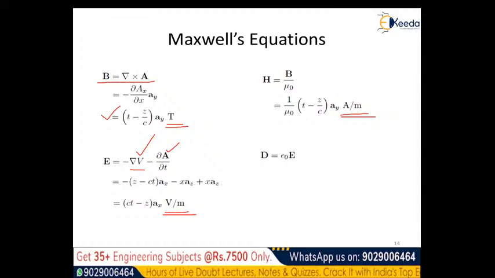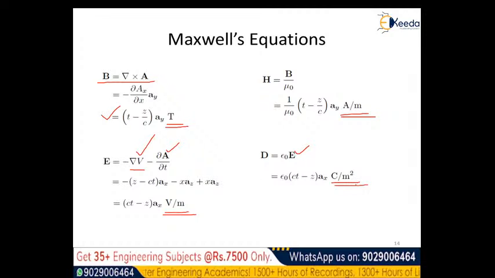Just substituting the expression for the electric field intensity capital E and putting it in this place, we get the expression for capital D. Here it is epsilon 0 multiplied by (ct minus z) into a_x. As this is the electric flux density, it has to be measured in terms of coulomb per meter square.